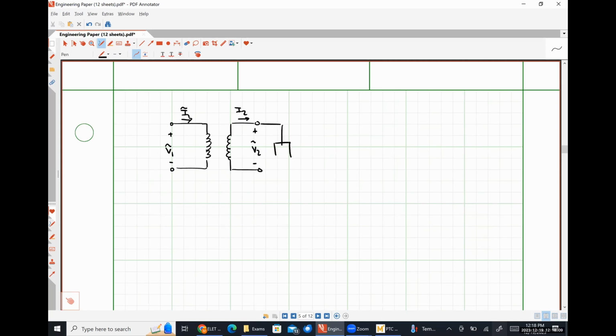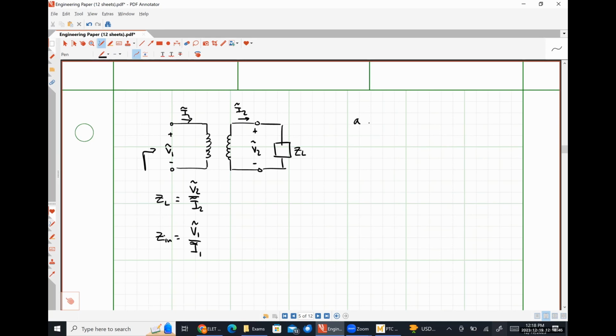And then here's my generic load ZL, right? So my load impedance ZL is simply the ratio of V2 to I2 based on what the definition of an impedance is. The input impedance seen looking in to my primary terminals is going to be the ratio of V1 to I1.